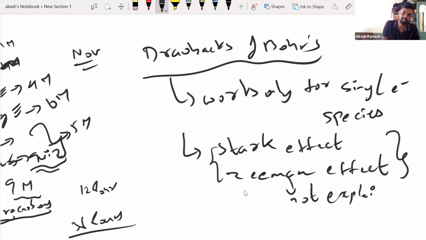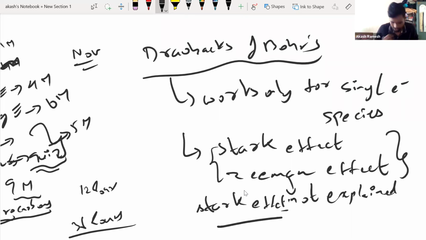First we'll try to understand what the Stark and Zeeman effect are. So take down the statements, people. First, the Stark effect. Take down the definition.